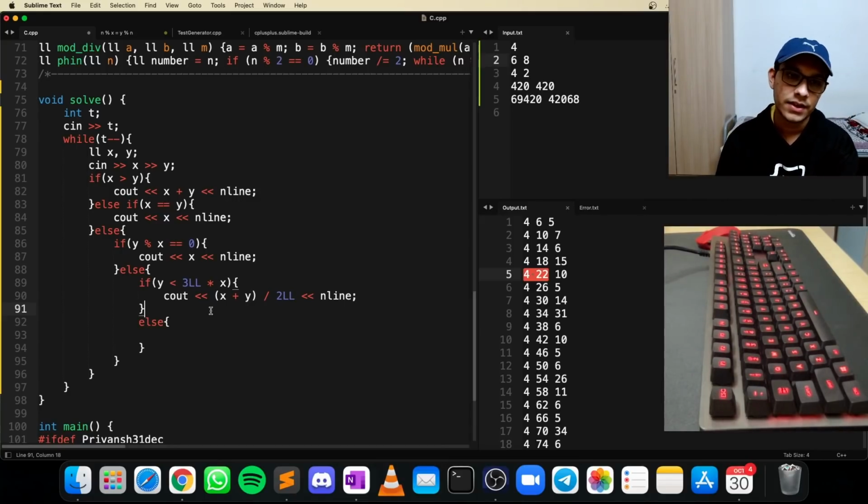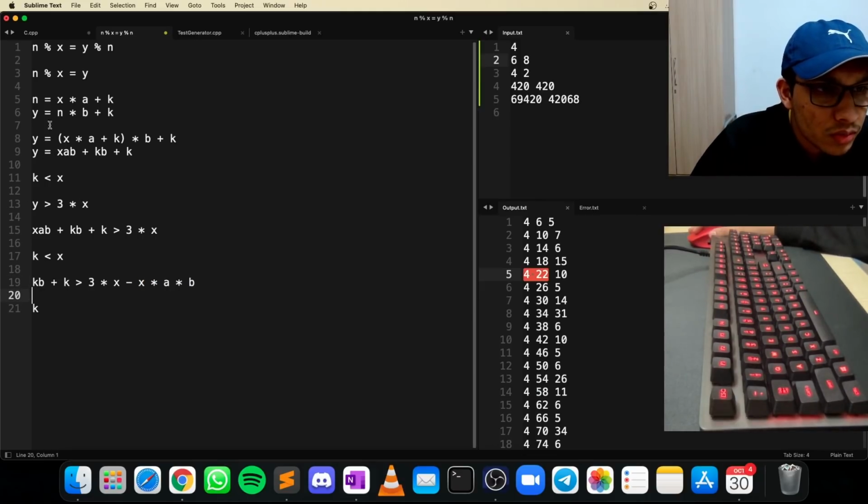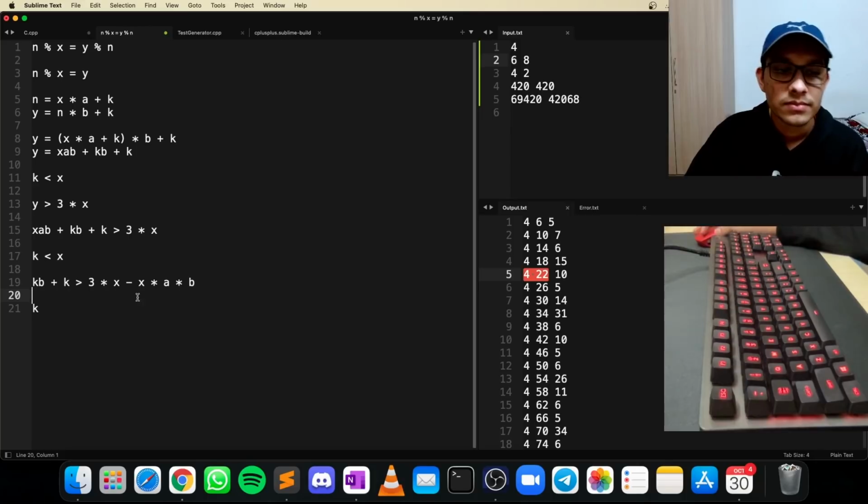If y is greater than 3 into x, also like a and b, I have this, right? Okay, so y is equal to xa plus k times b plus k, xab plus kb plus k. So I am saying that y is greater than 3x. So kb plus k is greater than 3x minus x into a into b, right?